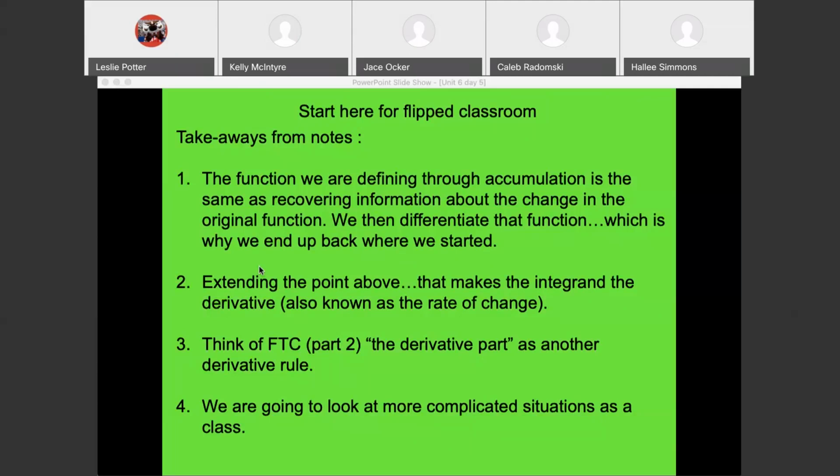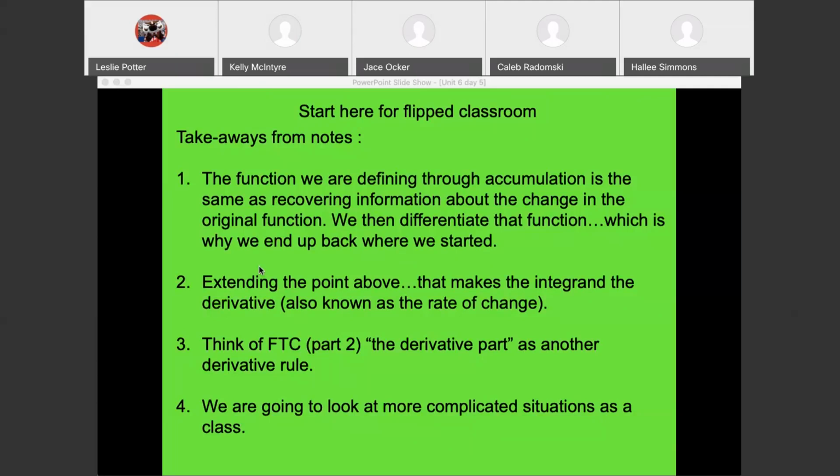And we know that we can do that by taking the rate of change and watching it literally accumulate underneath that rate of change function, right?